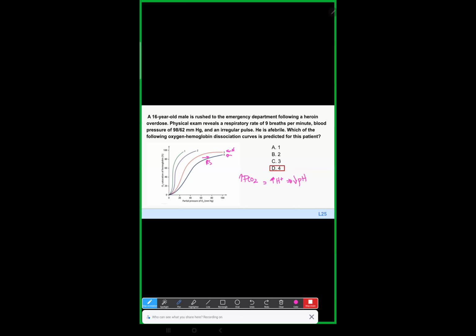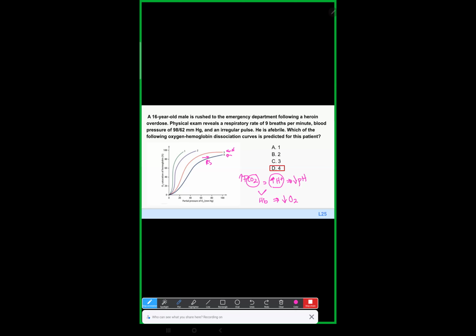Right shift indicates that there is a less affinity of oxygen to hemoglobin. And this is because carbon dioxide and hydrogen ions both bind to hemoglobin, which leads to decrease of oxygen binding to hemoglobin. And because of that, we have a right shift of the curve, which is curve 4.